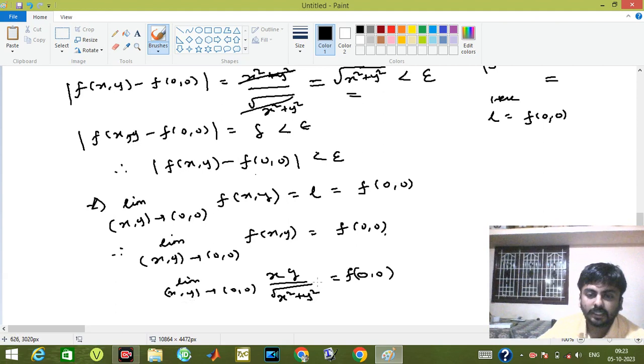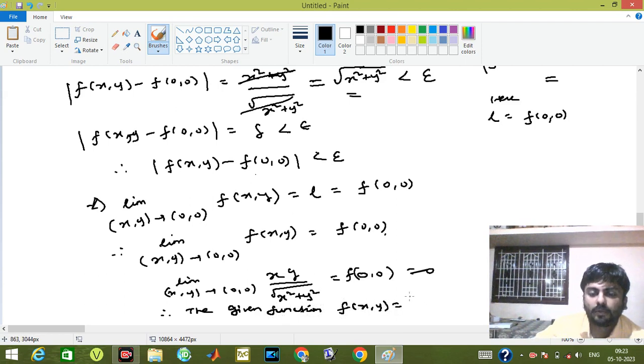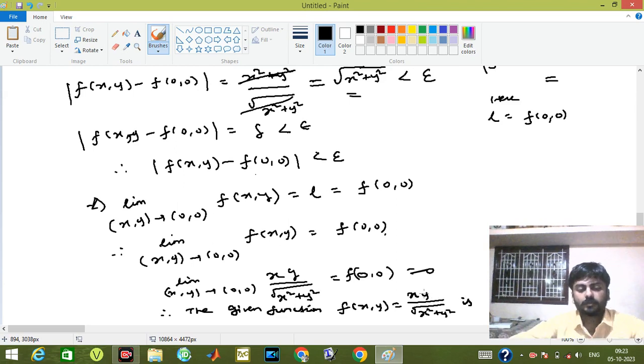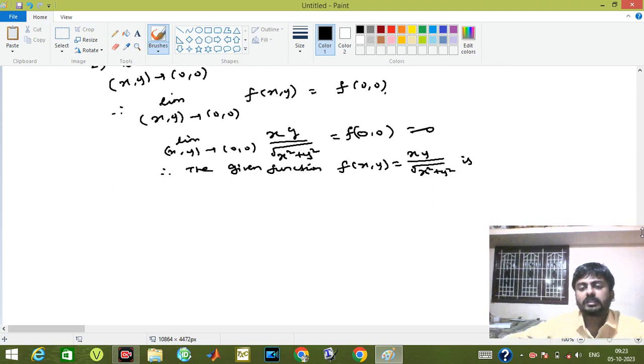The given function f of x comma y equal to xy divided by root of x square plus y square is continuous at origin.